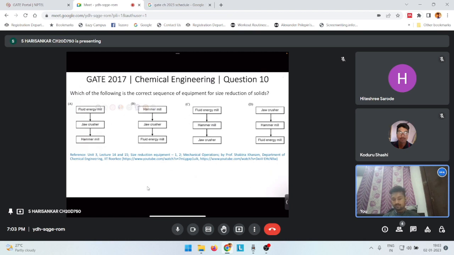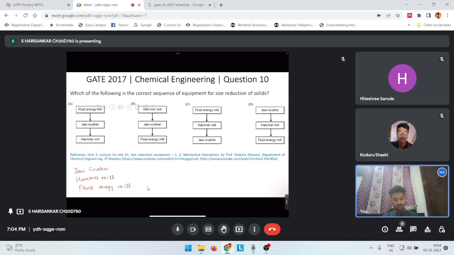So here we have three different kinds of equipment that are given in these options. So the first one is jaw crusher, then a hammer mill, and a fluid energy mill.